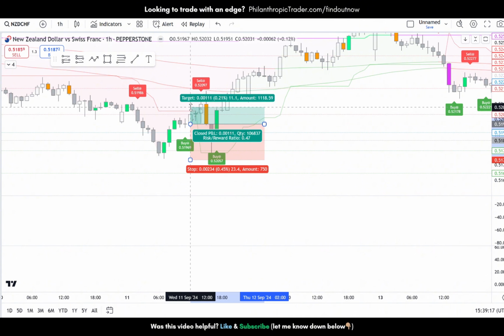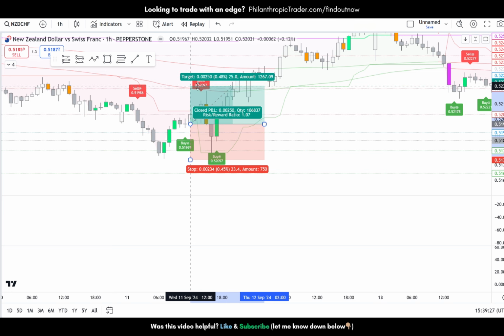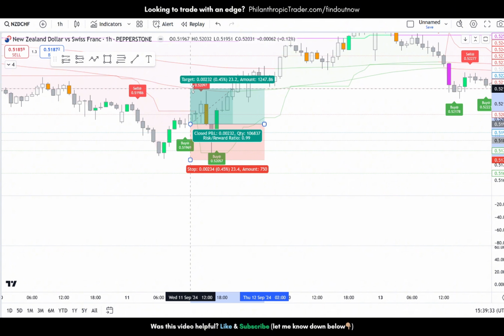So you gain 10 pips around here, so that's about 2-3 hours. But if you are a one-to-one risk reward trader, you risk 1% and you gain 1%, then that was also a winner about here in about 6-7 hours. So that's also a possibility, and as you can see, it worked out.